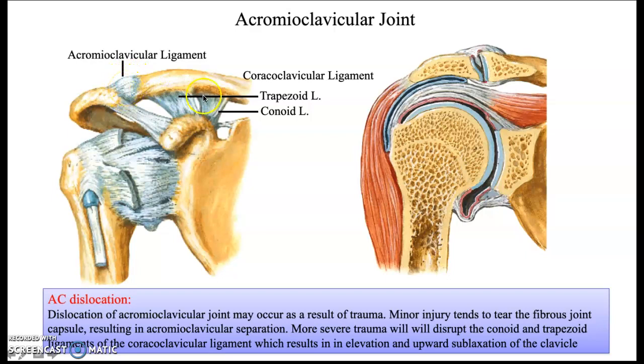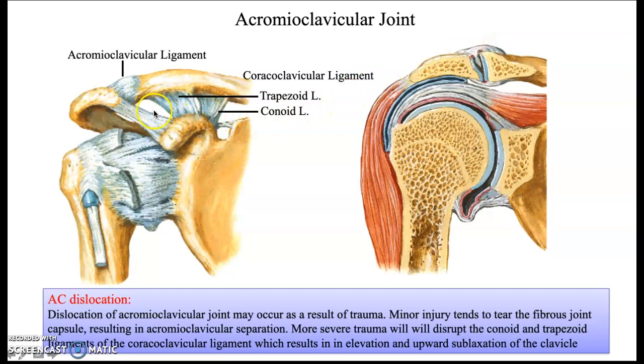If you see in a section, this is the clavicle, this is the acromion, and you can see the opposing surfaces of the bones are lined with articular cartilage. And then this is the joint capsule, and the thickening of the joint capsule here forms the acromioclavicular ligament.